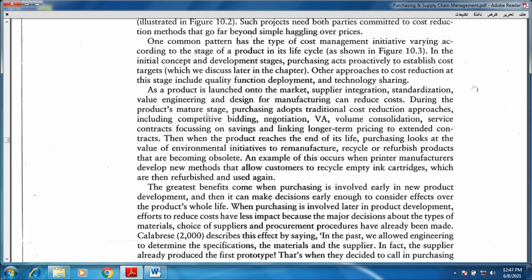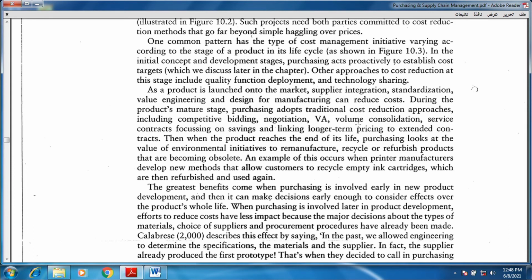During the production stages, purchasing adopts new ideas and tries to add value. Why not make a reduction in the cost? Why not neglect some items from production? Why not make the production process simpler? Why not think about the competitors' ways of work and try to find new ways of providing our goods? This happens through competitive bidding among the suppliers. We can negotiate the contracts with the suppliers.